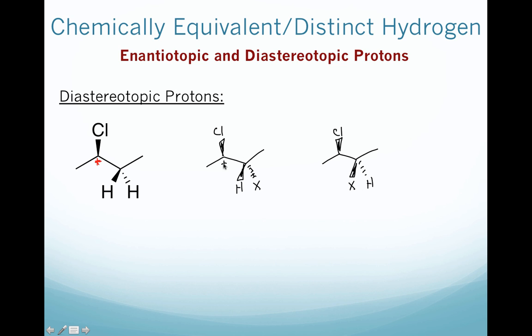Now I have two chiral centers. One stays the same between the two, one changes between the two. So these two compounds, they're non-superimposable, they're not mirror images, so they're diastereomers. So that means these two protons are diastereotopic.